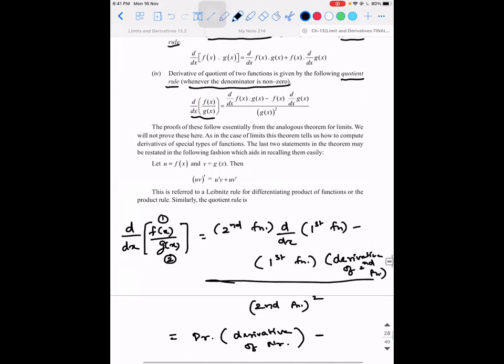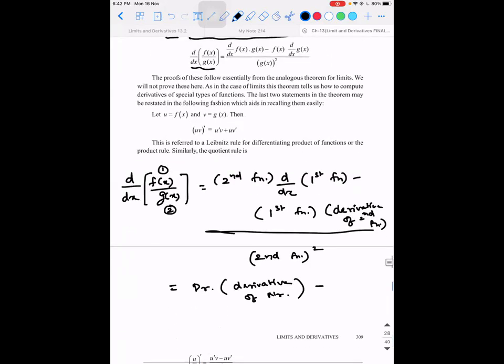In the product rule, you have a plus. In the quotient rule, you will have a minus. Since you have a minus, here order is very important. Minus numerator into derivative of denominator, the whole divided by denominator square.